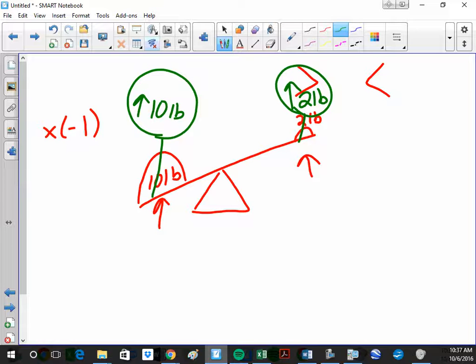Do you see the problem? Because it's unbalanced and the right side used to be lower, but when I change the nature of the weights, now it's going to turn the other direction, and it's still unbalanced. But now instead of pushing down, they're pushing up, so the right side used to be lower, but now the right side is going to be higher.